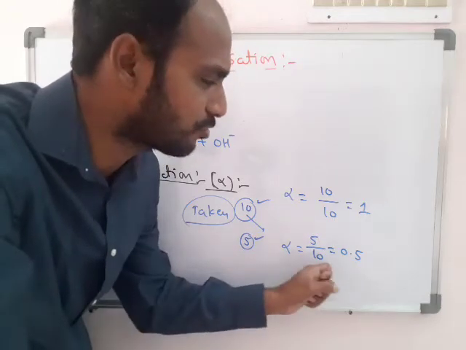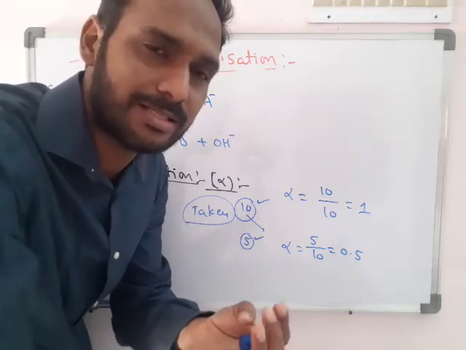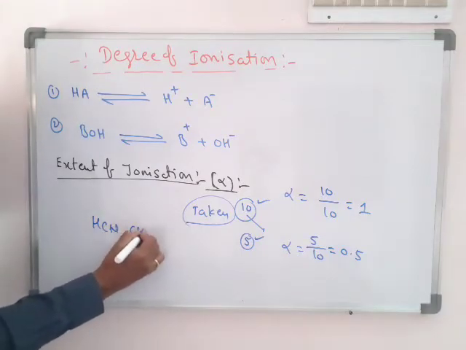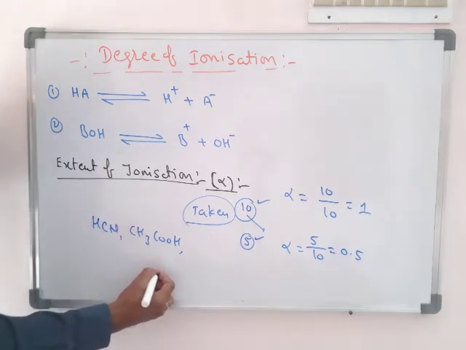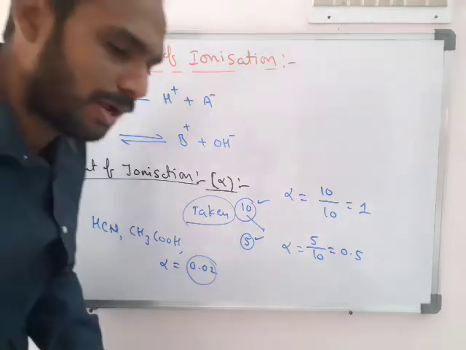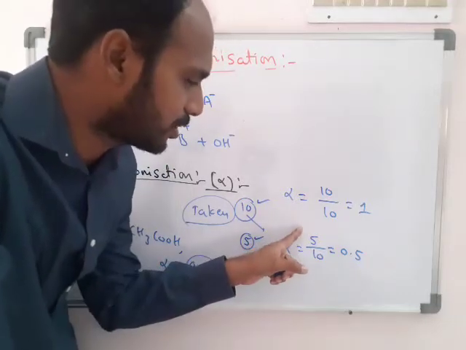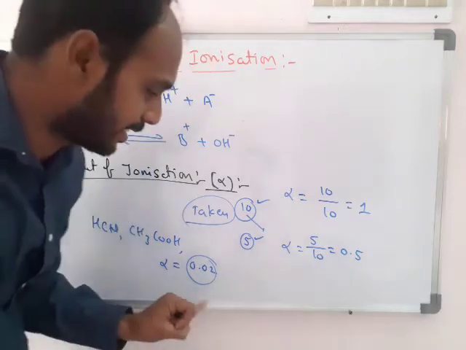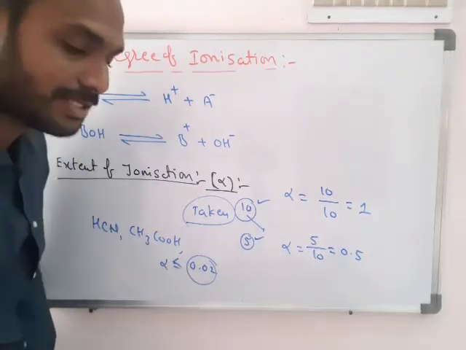If the alpha value is very small, that is a weak acid. For example, hydrogen cyanide is a weak acid, and acetic acid is also a weak acid. For these compounds alpha is generally around 0.02, and for weak acids the alpha value is at most 0.02. That is, the dissociated molecules divided by the taken molecules is equal to or less than 0.02.